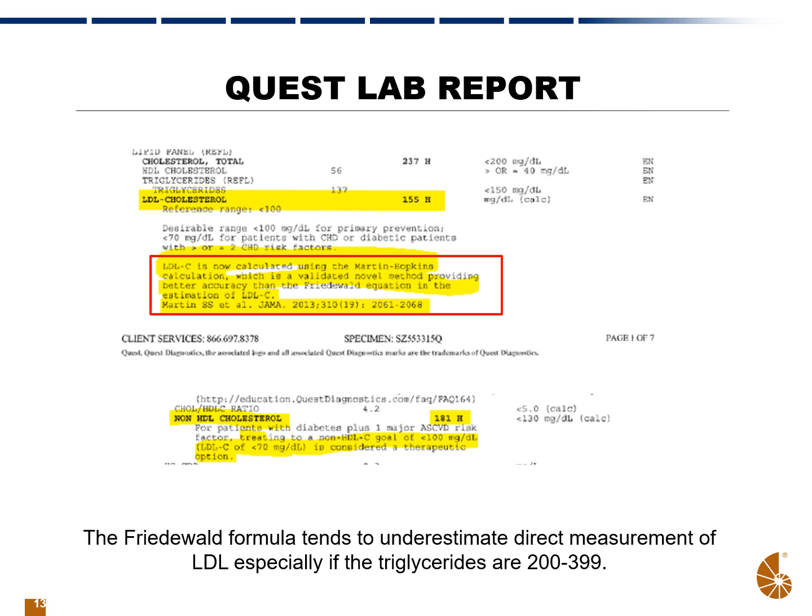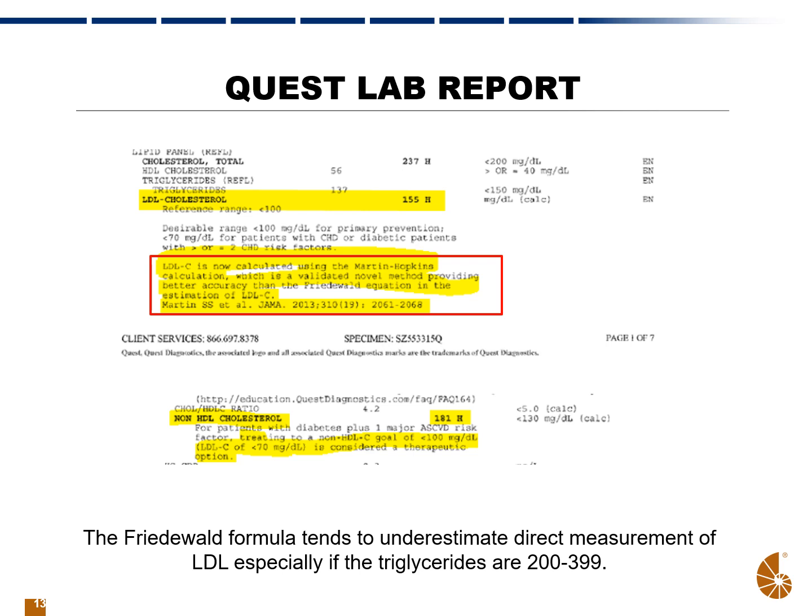And that's slightly different than the Friedewald formula. So now Quest, which has like 28 different labs and is huge in the United States, uses the Martin-Hopkins calculation, and it's because Martin was the investigator and he worked at Johns Hopkins, so that's why it's Martin-Hopkins. And it's supposed to be a better calculation for LDL cholesterol than the Friedewald formula.